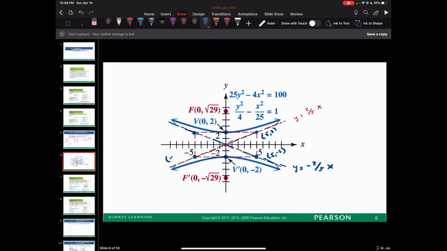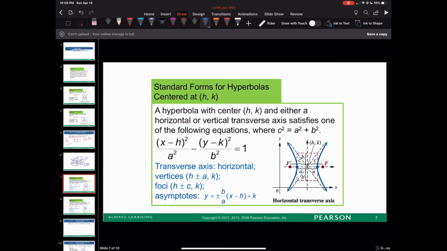So this is (negative 5, negative 2), and this one is (negative 5, 2). So just keep in mind that you just figure out what's on these lines when you graph it. Now, let's look at standard form for hyperbolas with center (h, k).